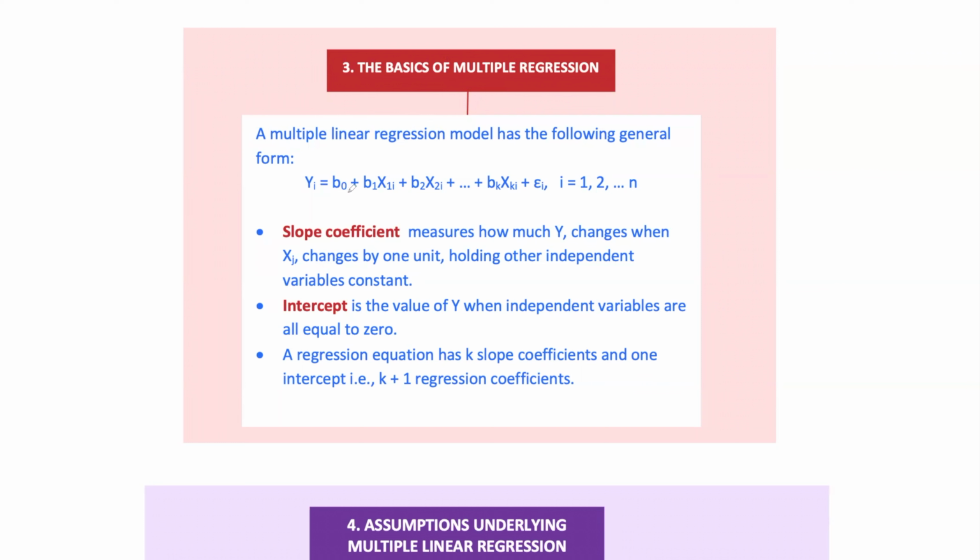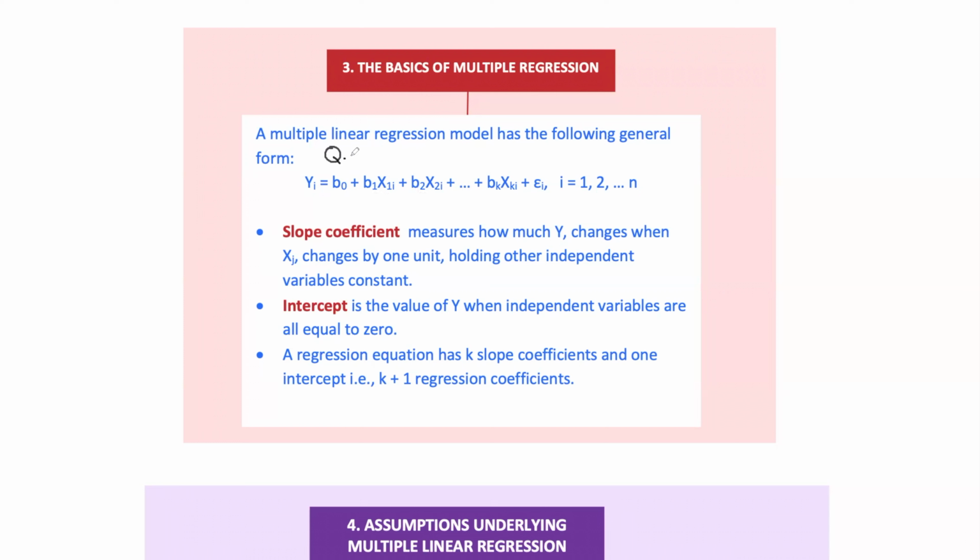Now let's break down the basics in plain language without getting bogged down in equations. Picture this. You have a baseline value that represents your expected outcome when none of the influencing factors are present. Think of this as your starting point. Then for every factor you consider, you adjust this baseline by a certain amount based on how much that factor affects the outcome.